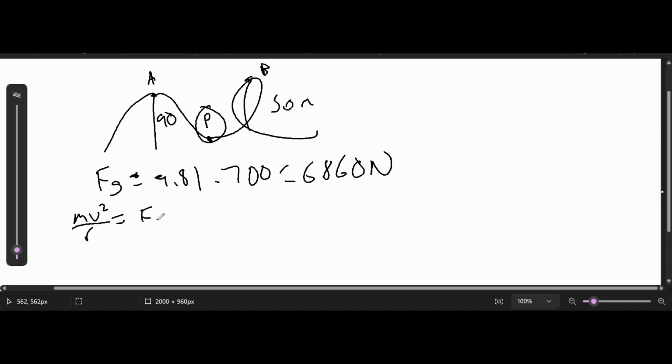Equals F of G plus Fn, and using simple math, you get Fn equals mv squared over r minus mg.